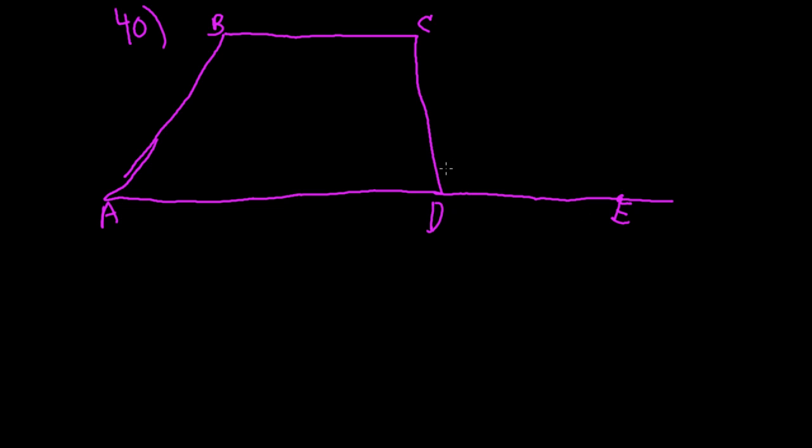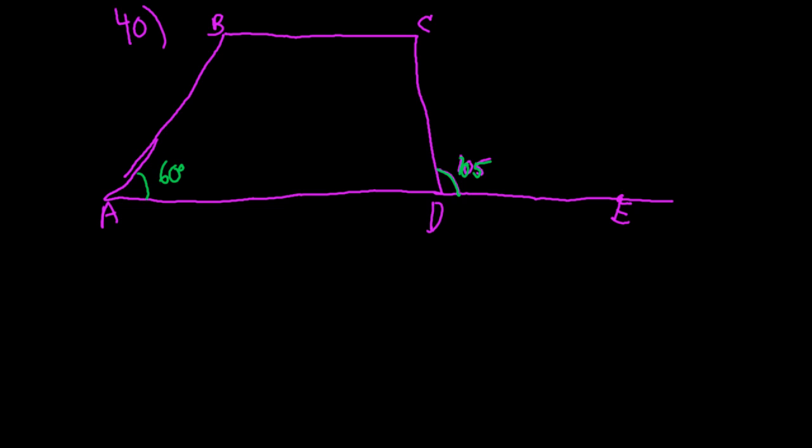And it says this angle right here is 105. I'll do this in a different color so it's easier to see. This angle right here is 105. Angle A is 60 degrees.